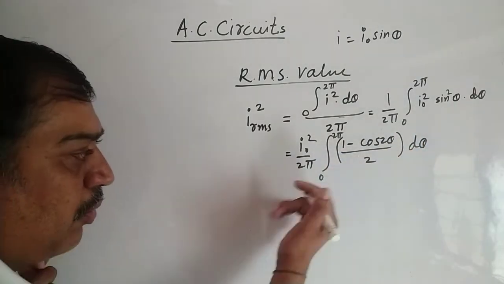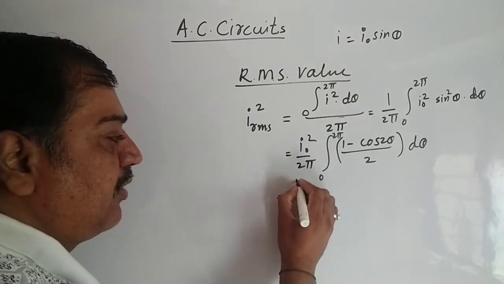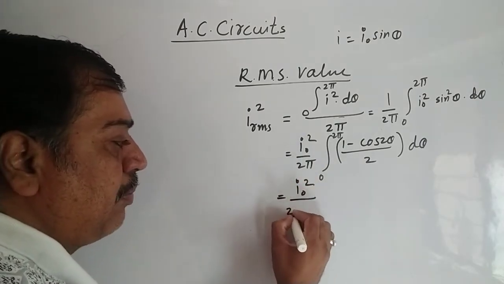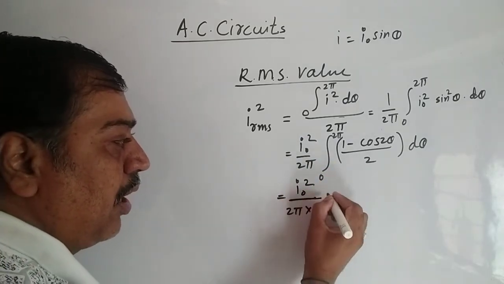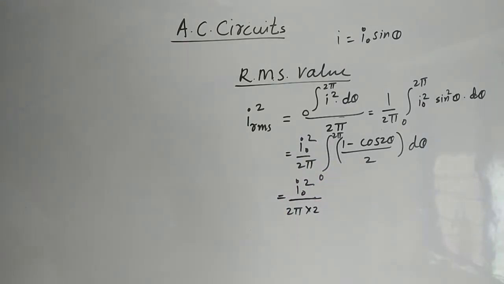Now take this 2 outside, so it becomes I0 square divided by 2 pi into 2.